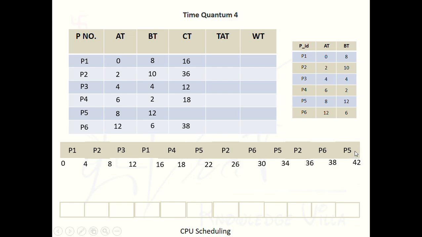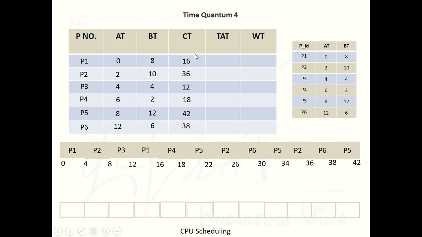Here P5 completes its execution because P5 uses the CPU in time slots of 4 time minutes 3 times: 18 to 22, 30 to 34 and 38 to 42. So at time minute 42 P5 completes its execution, and 42 will become the completion time for process P5.